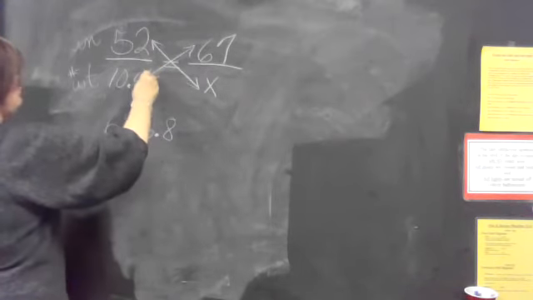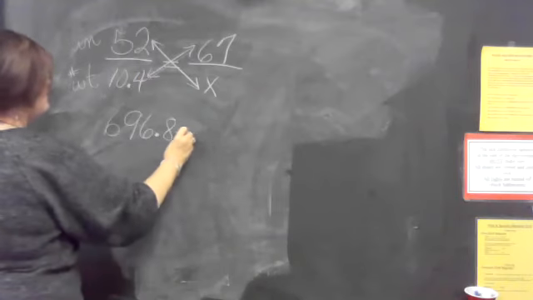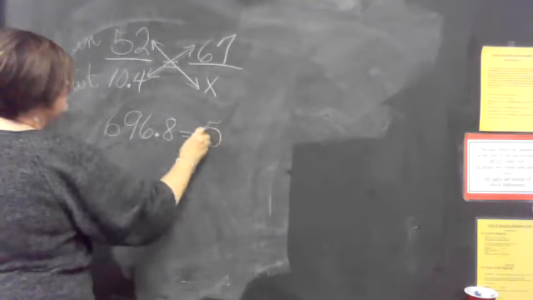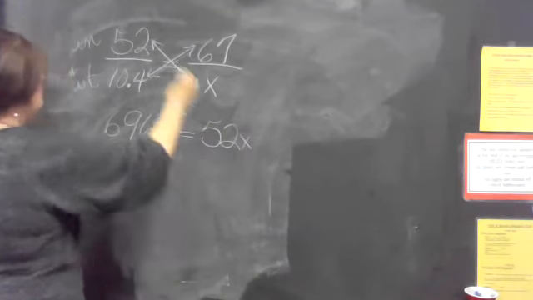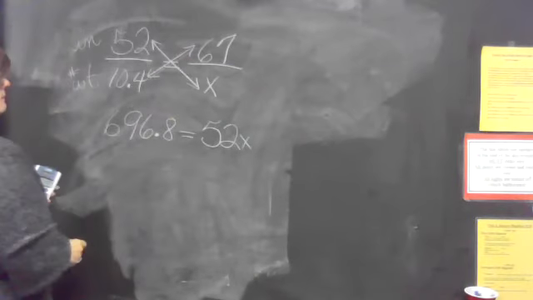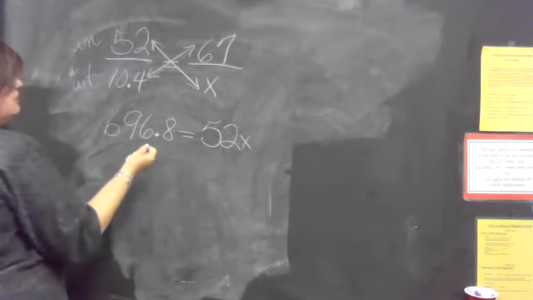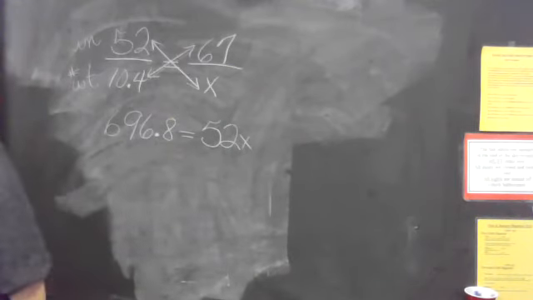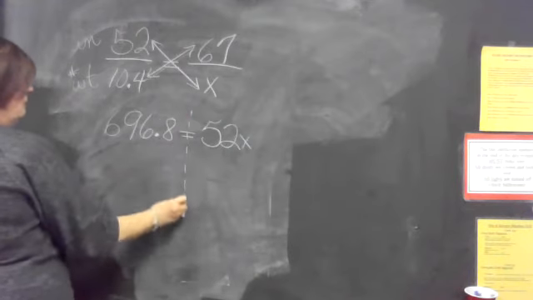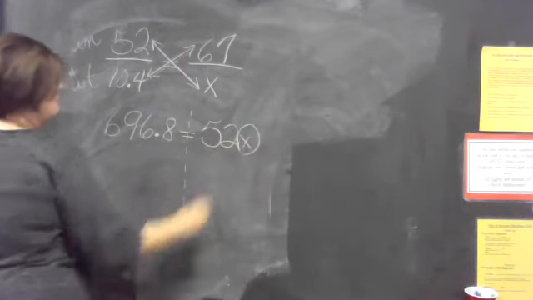So I multiplied this way, and that has to be equal to 52 times x when I multiply that way. Then this, since you guys have been solving equations for a while, shouldn't be very hard.